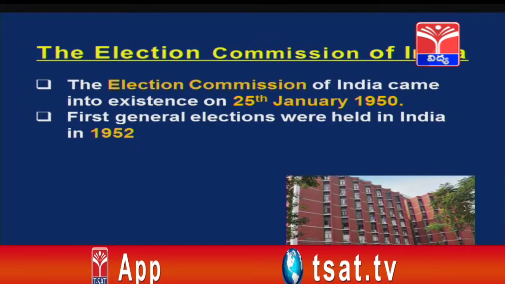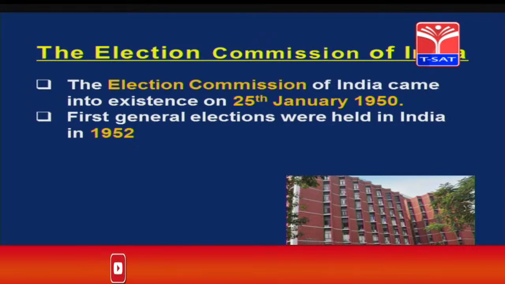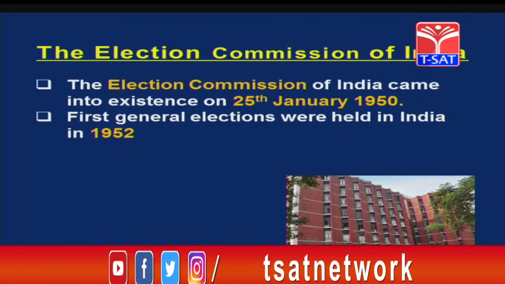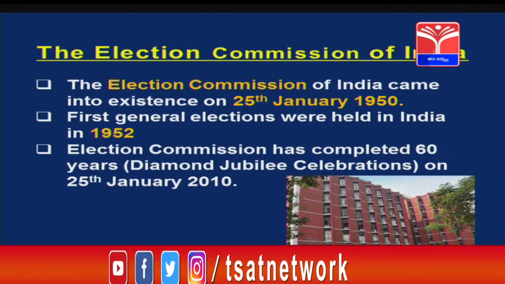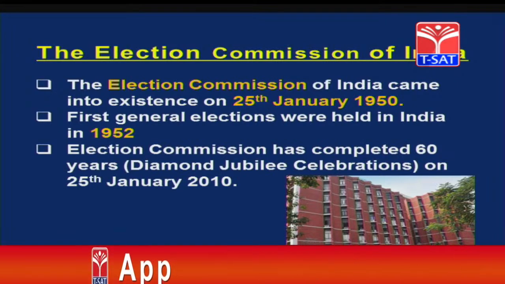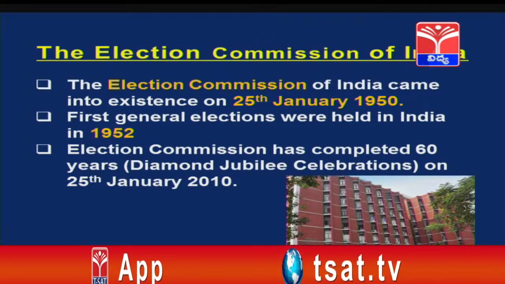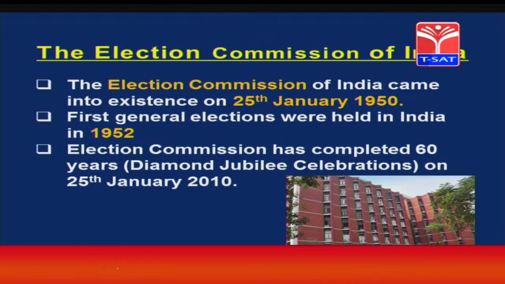And the Election Commission of India came into existence on 25th January 1950. The first general elections were held in India in 1952. After its formation, in 2010, the Election Commission completed 60 years, celebrating its Diamond Jubilee.